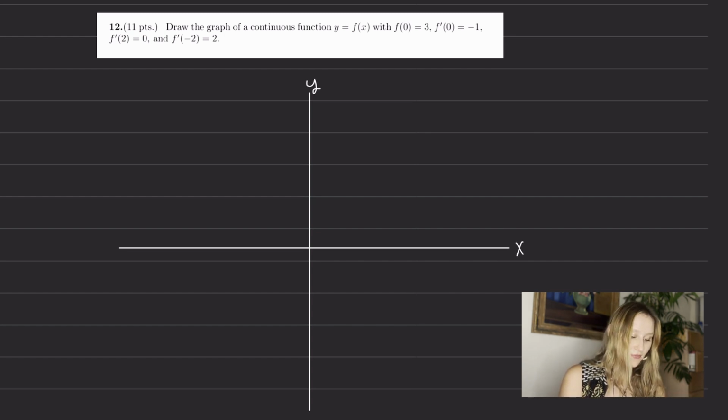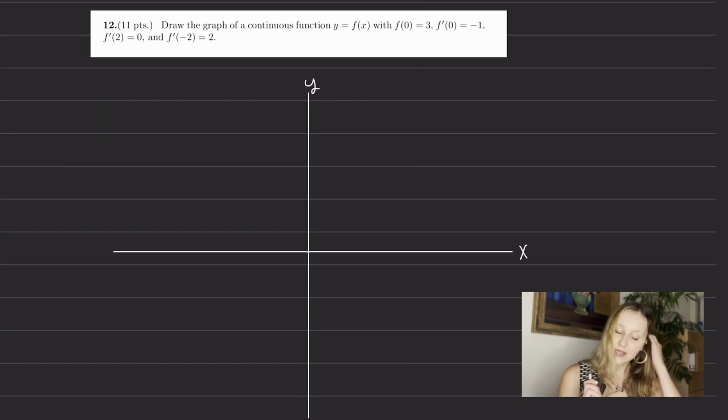You got this. Okay, draw the graph of a continuous function with f of 0 equals 3, and all of that. You guys, okay, f of 0 is equal to 3. That means the y-intercept is 3 here. I'm going to use another color. f of 0 is equal to 3. f prime of 0 is equal to -1, so it's going to be passing through like that. f prime of 2 is 0.